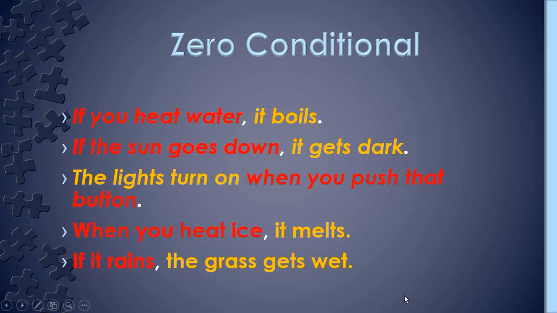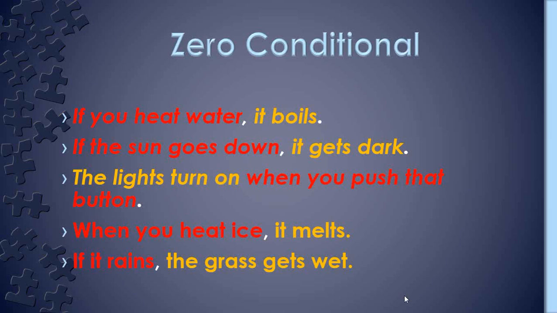There are some more examples. If you heat water, it boils. If the sun goes down, it gets dark. The lights turn on when you push that button. When you heat ice, it melts.